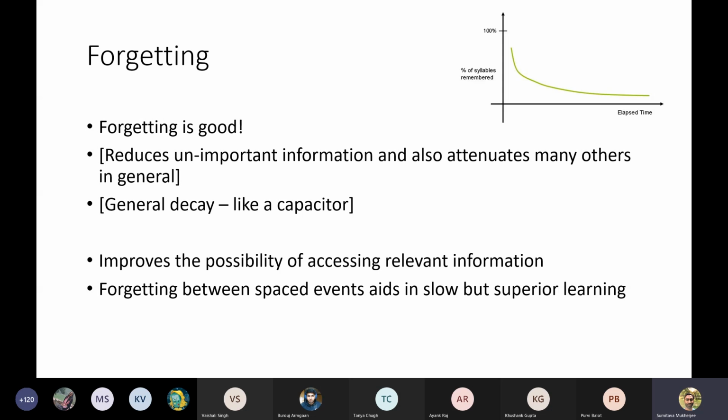So certain kinds of stuff we will forget. Number one, it is based on how important that information is. So the probability of recall, or the probability of forgetting, is also value laden. We don't forget everything. We forget certain things which have minimum value for us. So if you are reading a paragraph, there are certain words that you're forgetting.